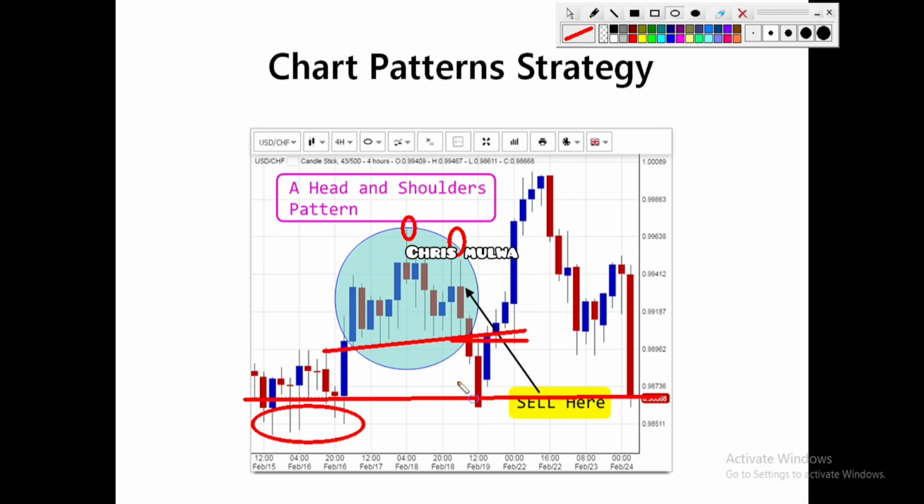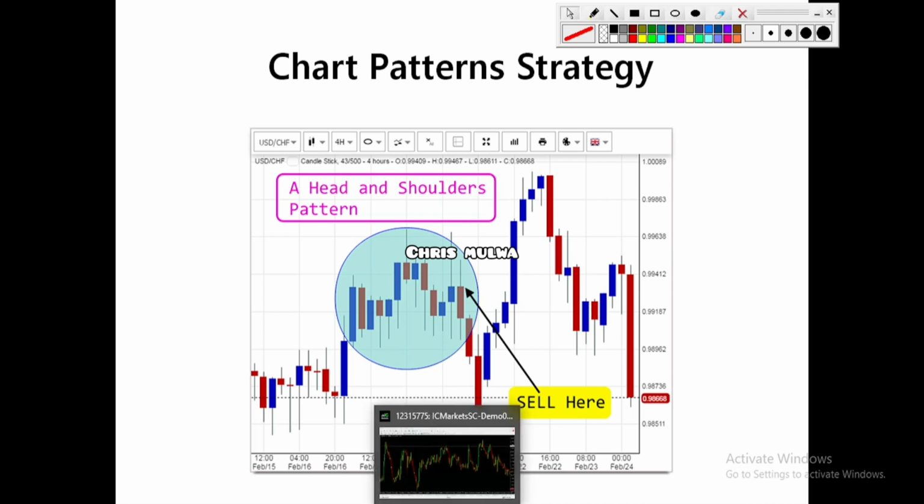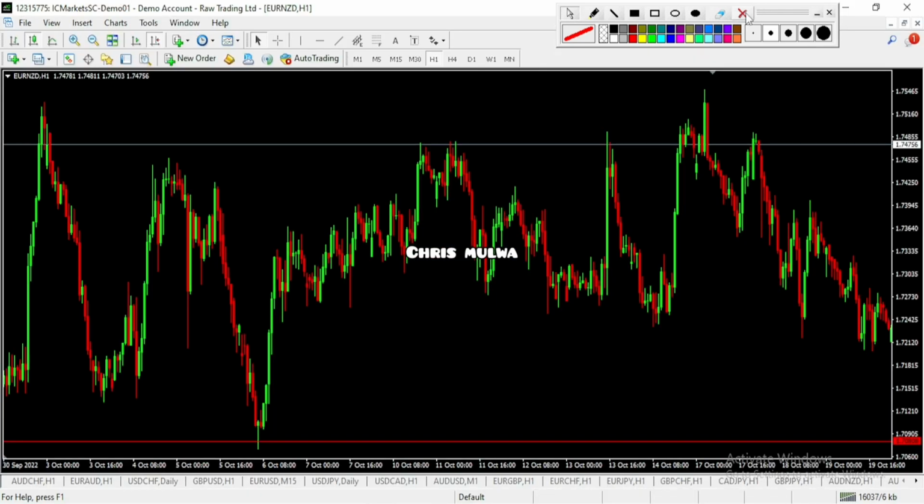I want to show you in a live chart. I love using the live chart so that you can know how to trade this. Let me go to the live chart and see what it is offering us. Head and shoulders pattern. Please remember that I am using IC Markets, and here I can see clearly the head and shoulders.